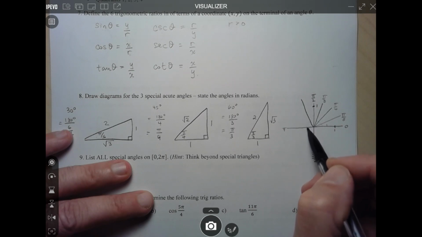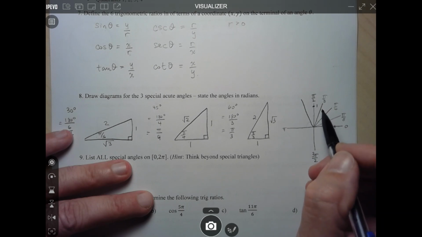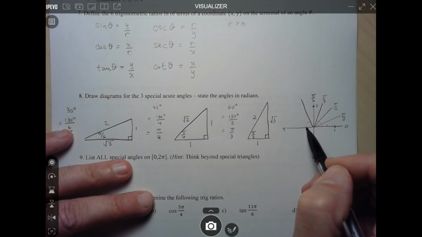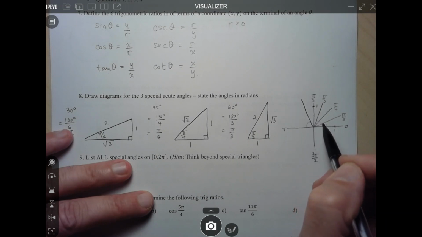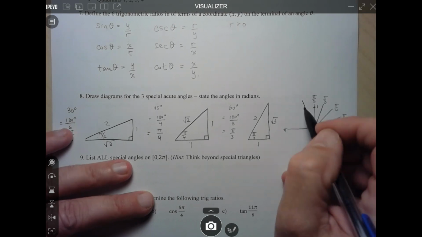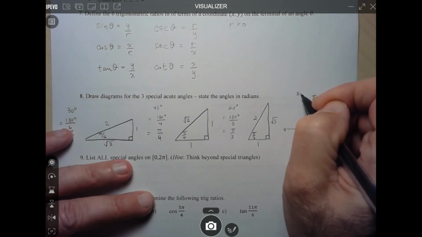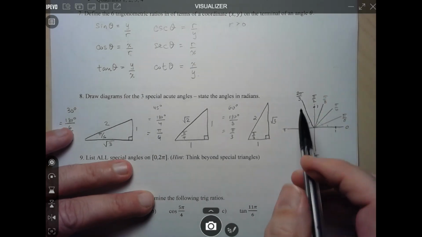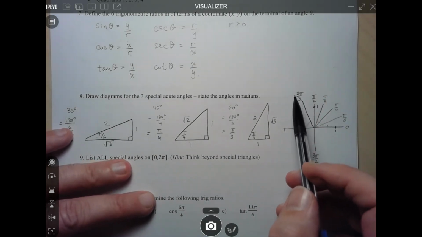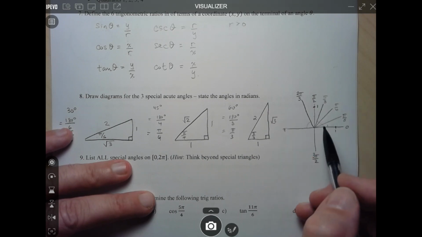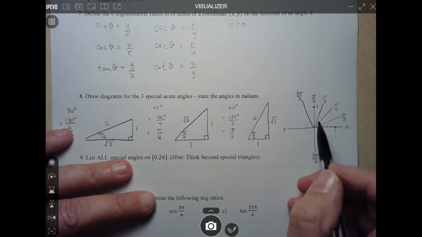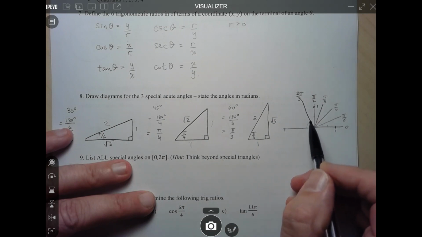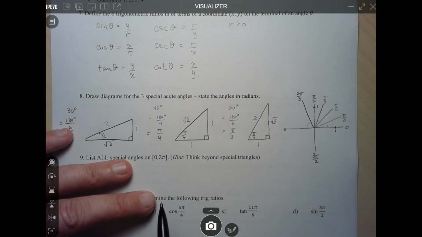It would be 60 degrees, or pi over 3. So here I have a pi over 3, here I have another pi over 3. If I do the full half turn, it would be 3 pi over 3. So this one is 2 pi over 3. Now I could do the conversion from 120 to radians, but what I want you to think about is learning how to work with these angles in radians. This is pi over 3, another pi over 3 brings me to 3 pi over 3.